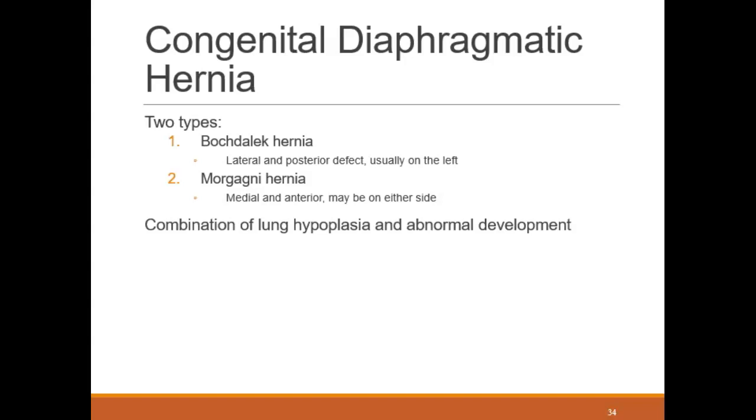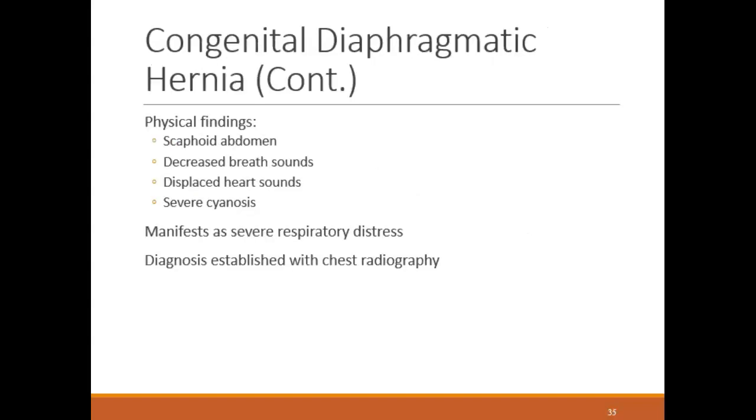But remember, what's happening with congenital diaphragmatic hernias is the intestines and abdominal contents have herniated into the thoracic area, compressing the lung tissue as it's trying to grow and develop. We should know by now from earlier this semester that compression of that lung tissue is going to lead to lung hypoplasia. Those lungs are going to be immature and have abnormal development.